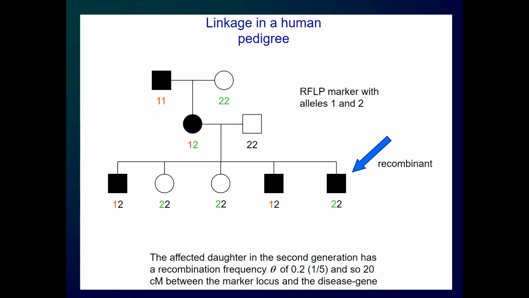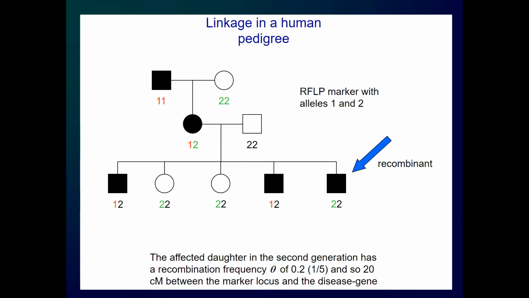Or even if they have two children, the fifth and the fourth, that family will tell us that theta equals 0.5. So the theta that we see here and the distance that we have estimated is based on one family and one genetic marker.